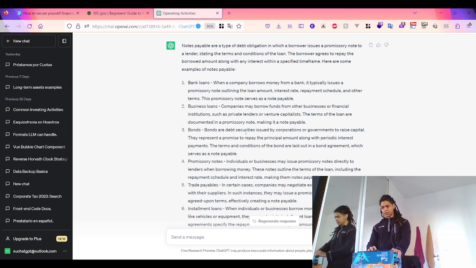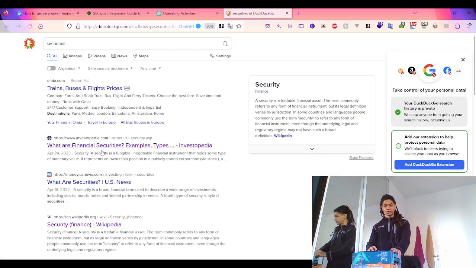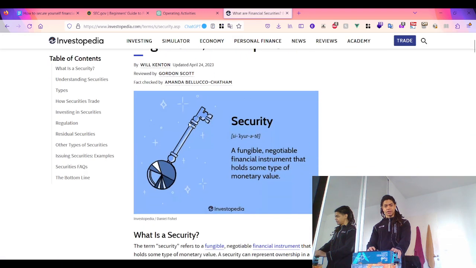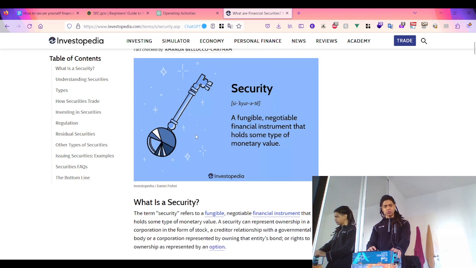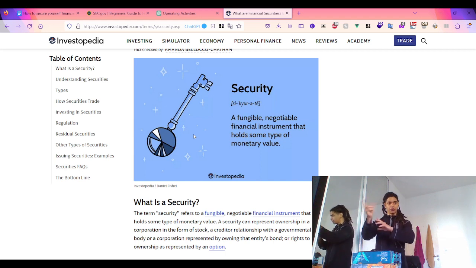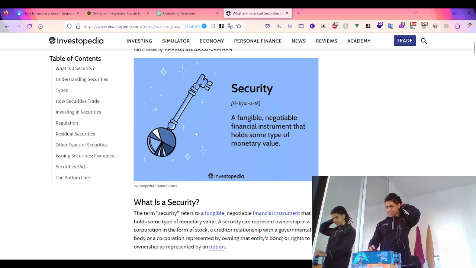And if you remember, the term security is a financial instrument. A security is a fungible, negotiable financial instrument that holds some monetary value. In other words, the term fungible means that it can be converted to another financial instrument.